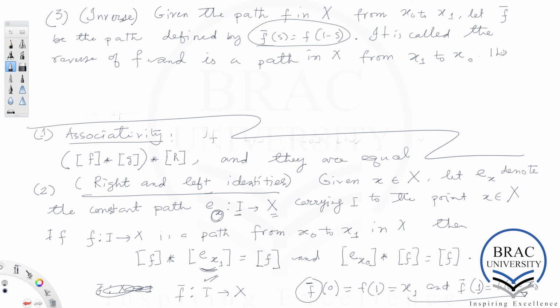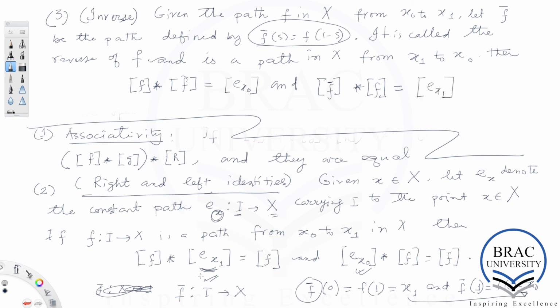So if this is the case, then the class of f star the class of f bar is equal to the class of e sub x0, which we already defined, and the class of f bar star the class of f is equal to the class of e sub x1.